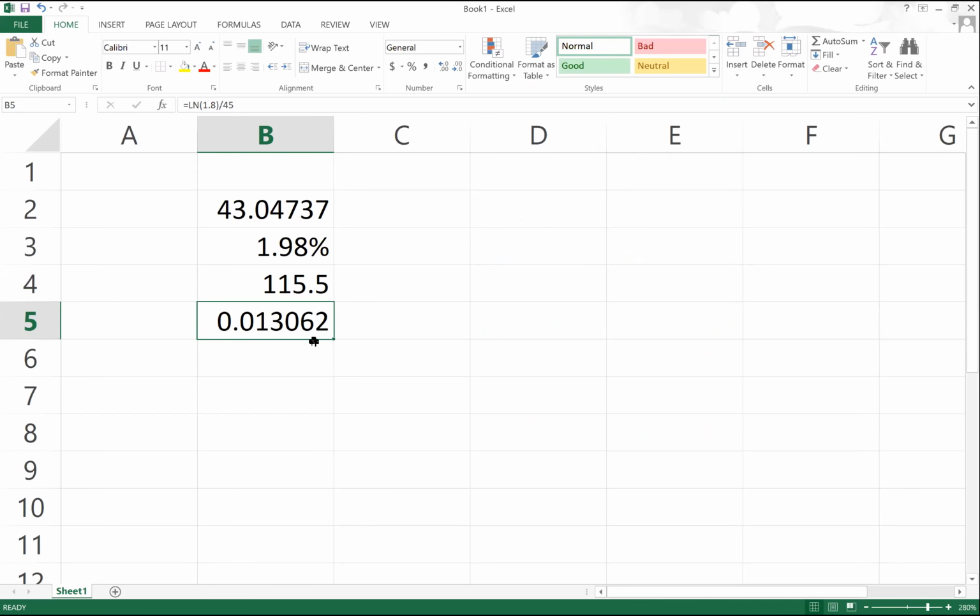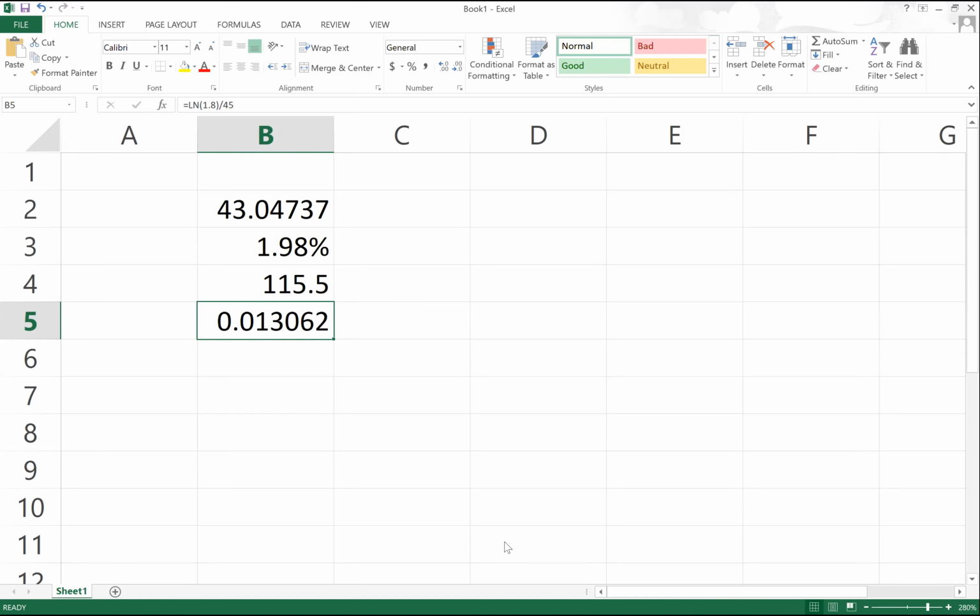In order to keep it accurate, we're going to keep all these digits, meaning we keep the entire decimal for the doubling time to be more accurate. More decimals actually means a better result. So we're going to keep it as 0.013062.